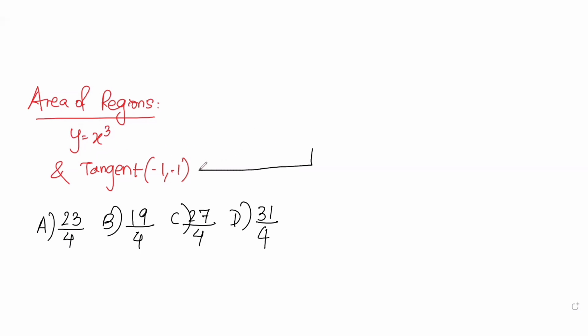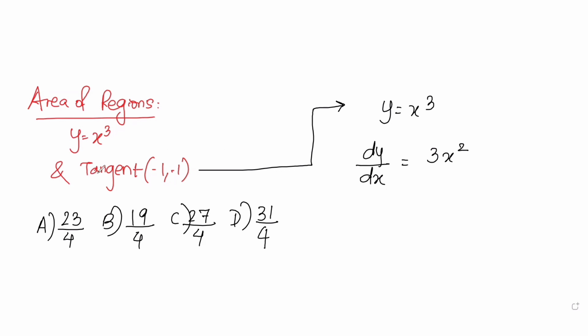For the tangent, first of all, let's find the slope of this line. I know it is tangent to this curve y equal to x cube. So if I differentiate this curve's equation with respect to x, I get dy by dx, which is nothing but 3x squared.